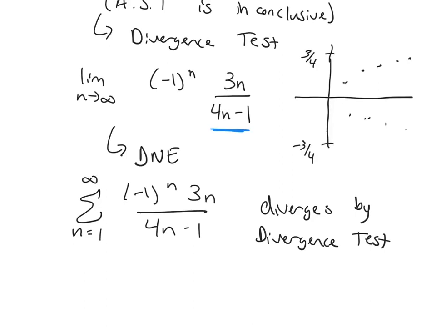Okay, so again, you're not saying it diverges by the alternating series test, because the alternating series test only tells you that something converges. And this is how it'll work every time you get a limit that's not 0. You'll switch from using the alternating series test to using the divergence test.